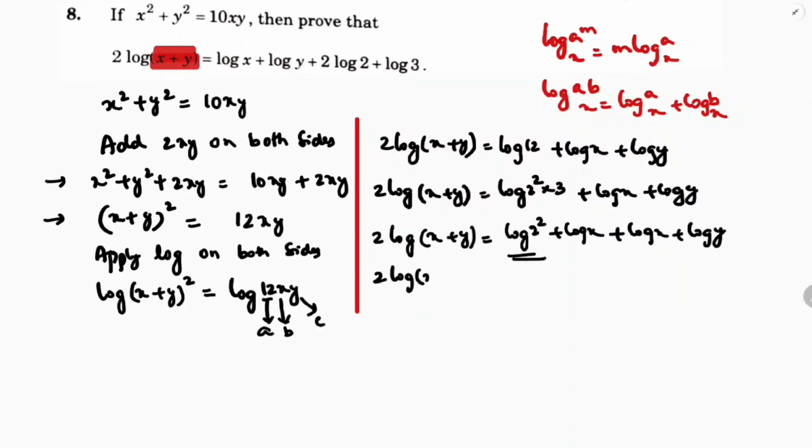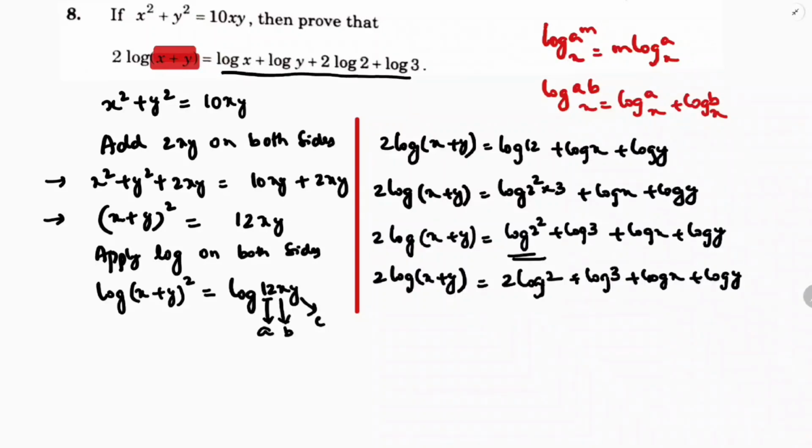So 2 log (x plus y) equals 2 log 2 plus log x, sorry, here 3, it's 3 because b is 3, log 3 plus log x plus log y. So we got the required answer, log x plus log y plus 2 log 2 plus log 3. See, this is the answer here.